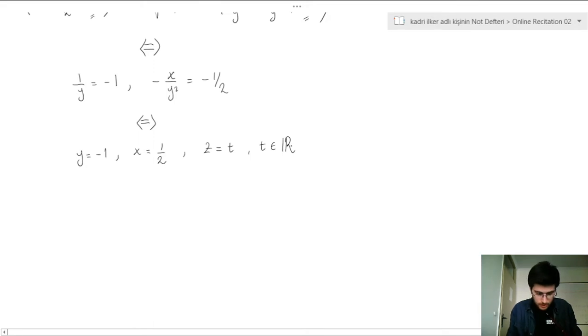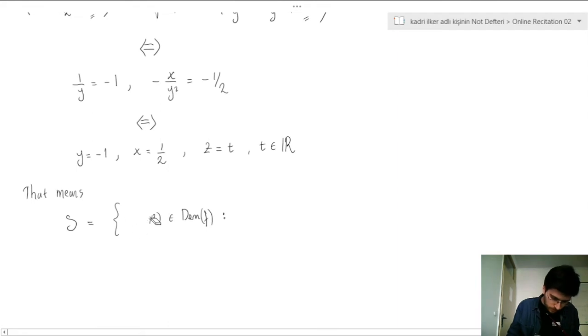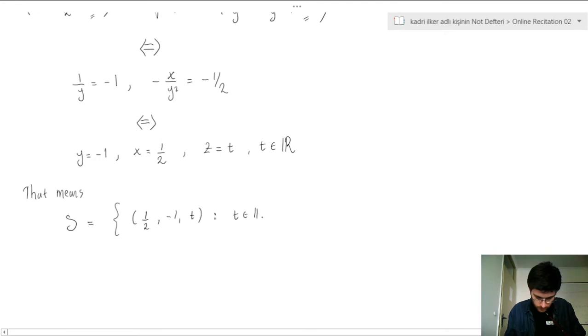What does it mean? That means the set S consists of the points (x, y, z) in the domain of f, which are (1/2, -1, t), such that t is in R. So this is the set S. But what is this?